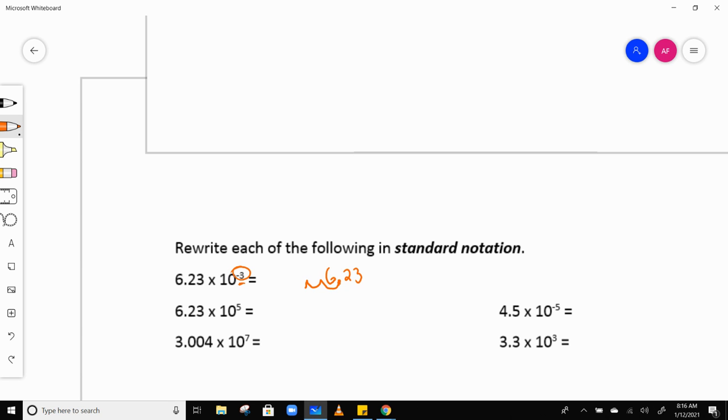So we're going to move it this way. 1, 2, 3. So here's the decimal. And then anywhere I have those little loops, I just put zeros. 0, 0. So there's my answer. 0.00623. And typically we put a 0 in front as a placeholder. But you don't have to.